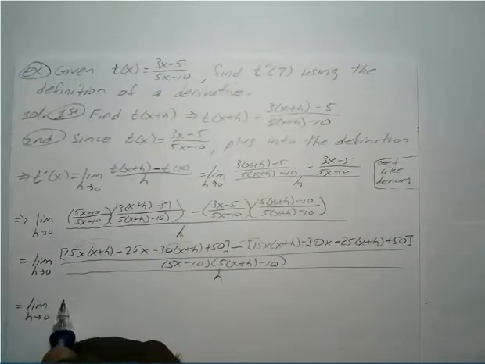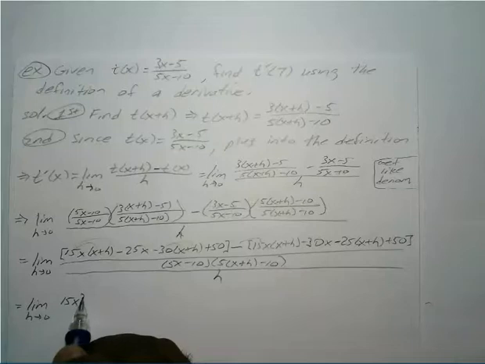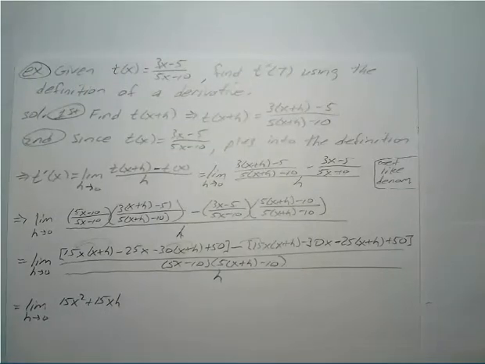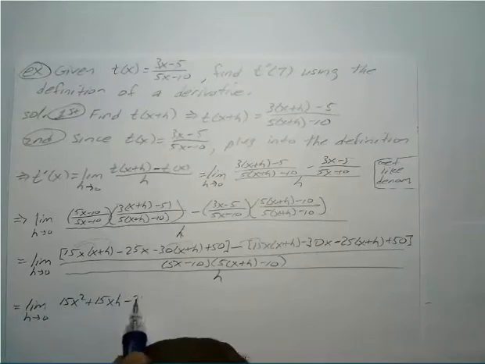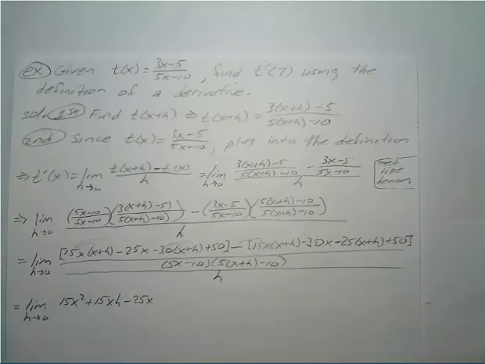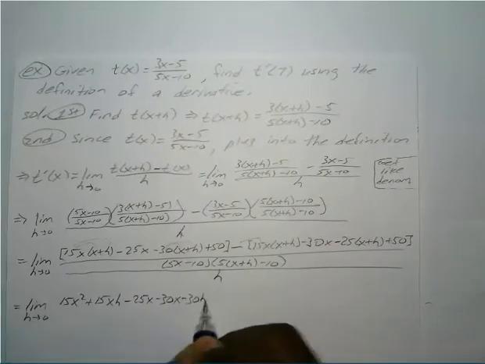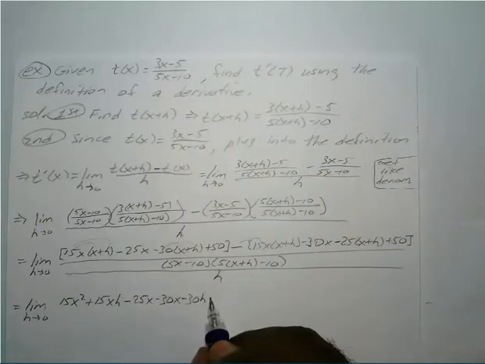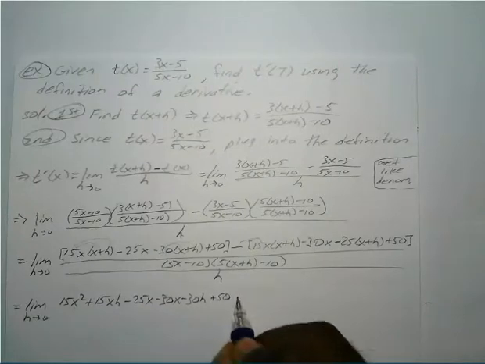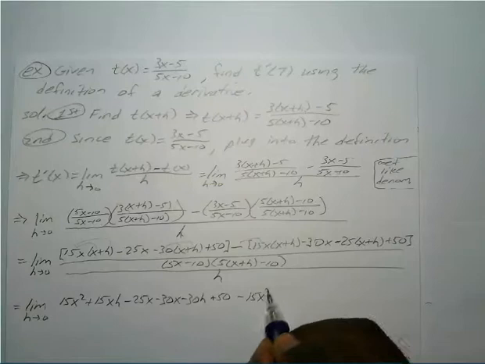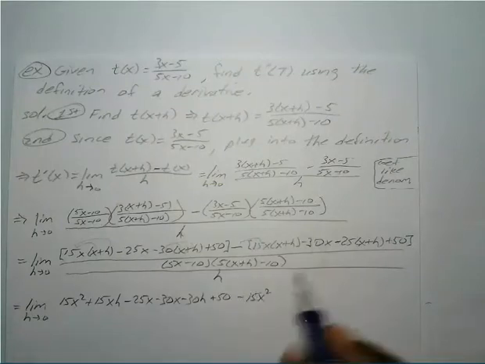So that gives us 15x squared plus 15xh minus 25x minus 30x minus 30h plus 50, minus 15x squared minus 15xh.